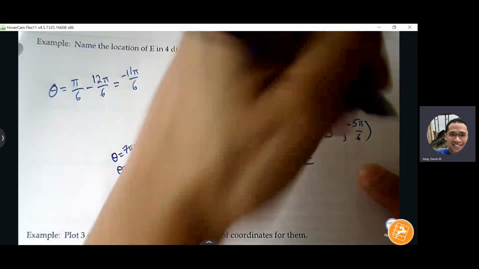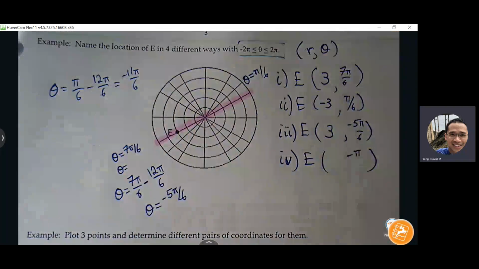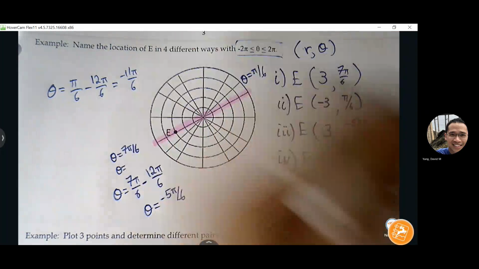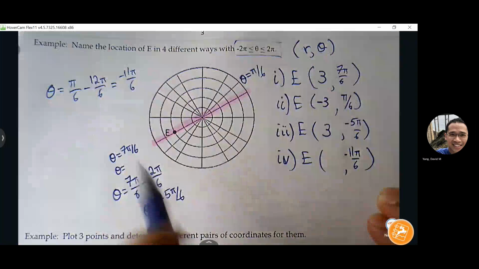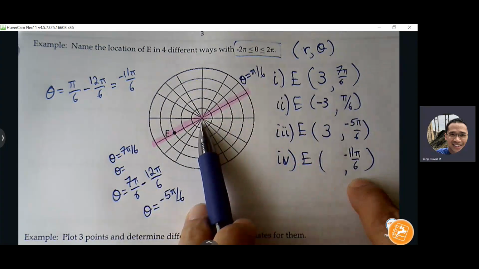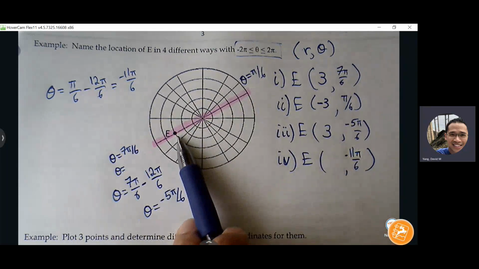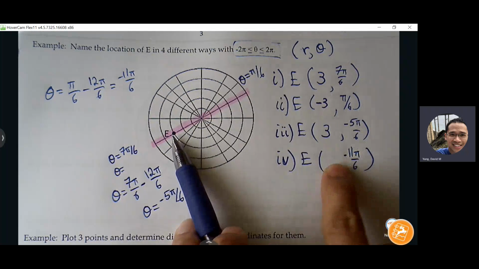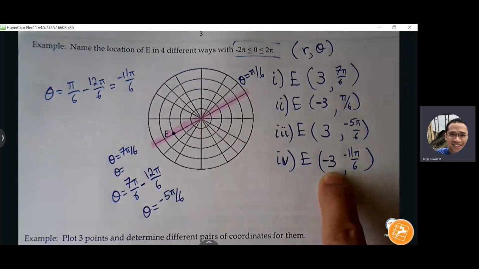So first quadrant, negative 11 pi over 6. If I know that negative 11 pi over 6 is in the first quadrant and I want to walk towards it, I've got to go -3, right?